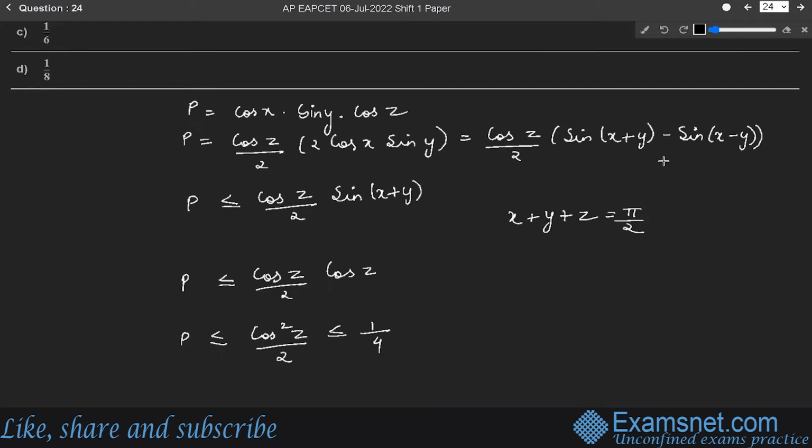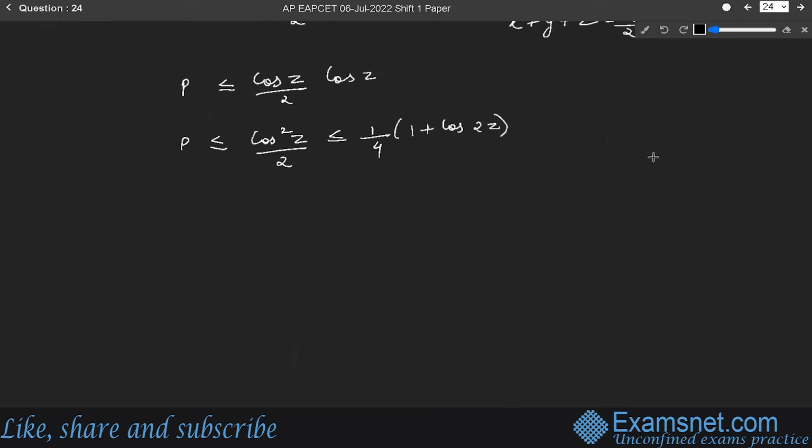And also 1 plus cos 2z will be multiplied here. So it becomes cos square z by 2 lies between P and 1 by 4 into (1 plus cos 2z). On further solving, P is less than or equal to 1 by 4 into (1 plus cos(2 into pi by 12)).